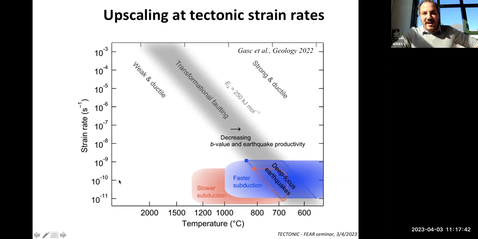So basically, if you assume that in these subductions you could have strain rates of 10 to the minus 9 to 10 to the minus 11, as actually shown lately by a paper of Magali Billen, indeed, there is the possibility for this transformational faulting window observed here in the lab to be extrapolated to these conditions.